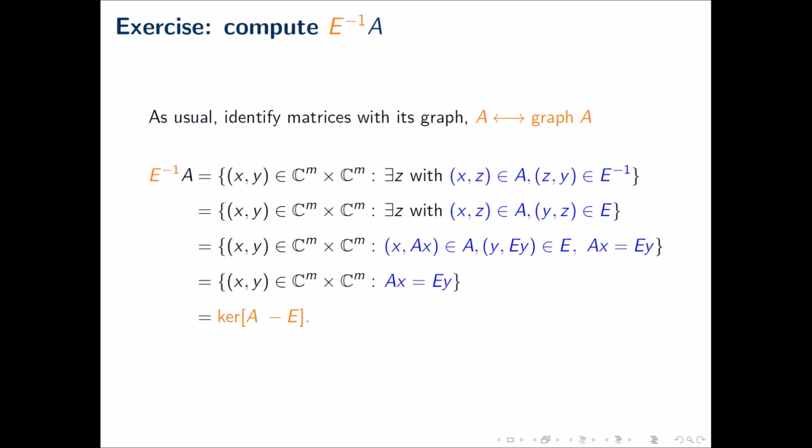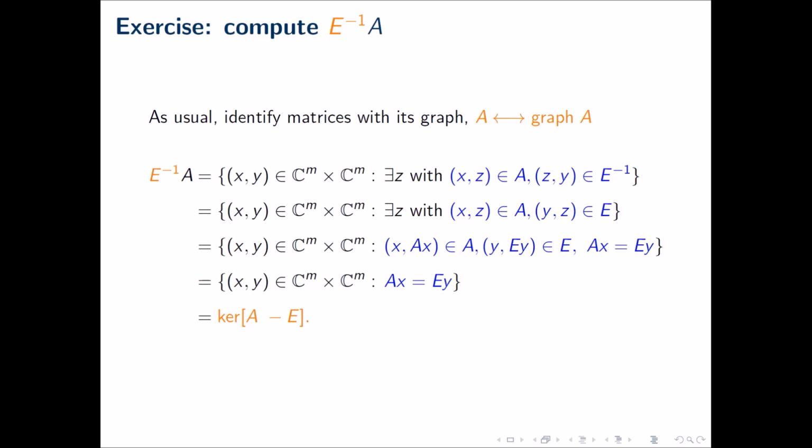The first line is just the definition of a product. And now, first of all, we use the definition of the inverse. It's just switching the elements.